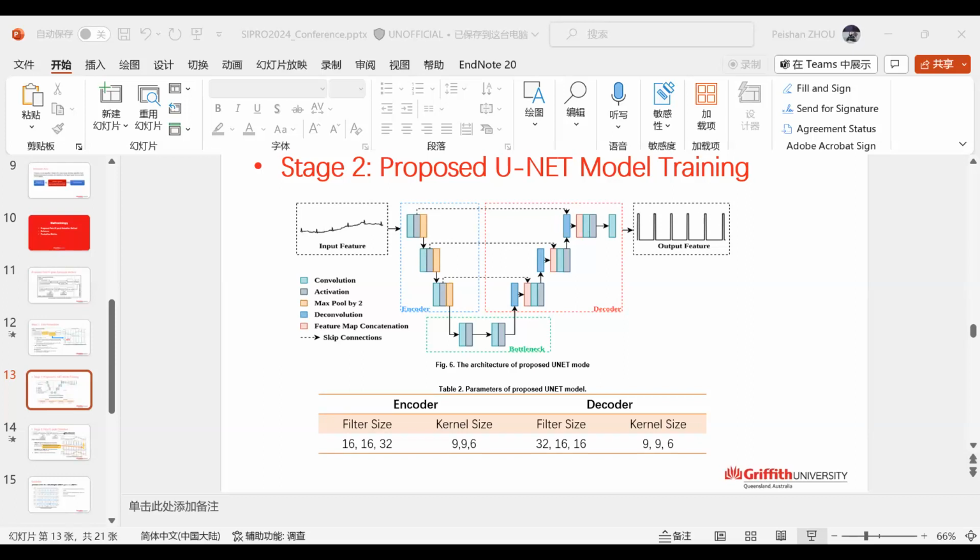Overall, this work is definitely a novel application to achieve R-peak detection, especially for fetal ECG signals. We have achieved high performance with three metrics and an average F1 score of 99.91%.